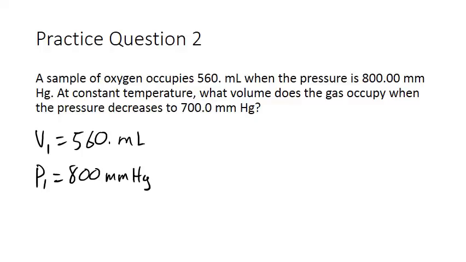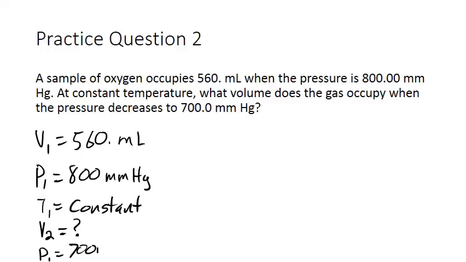And I really encourage you to write out the units as they're given to you. At a constant temperature, so your first temperature is just constant, what volume does the gas occupy when the pressure decreases to 700?